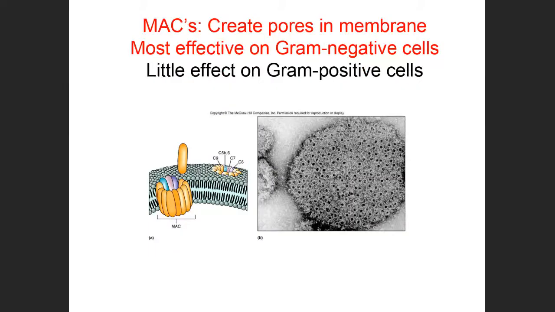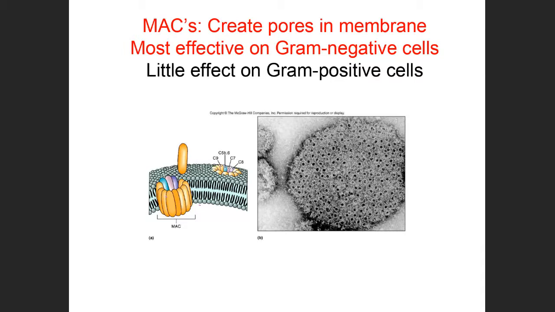The complement proteins that are involved in lysis of foreign cells are called MACs, which stand for membrane attack complexes. And these are proteins C5b, 6, C7, C8. These molecules are going to insert themselves in cell membranes. And actually, let me rephrase that. It's going to insert itself into cell walls and cause the cell to become leaky.